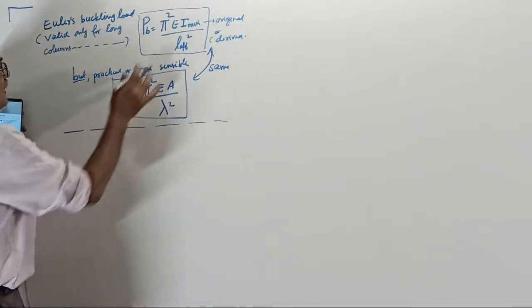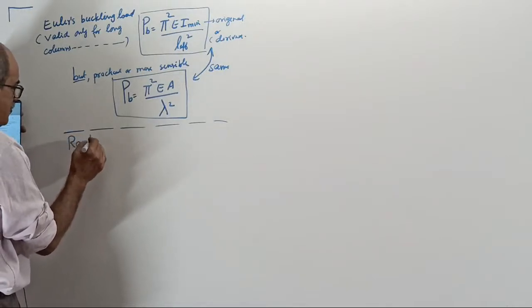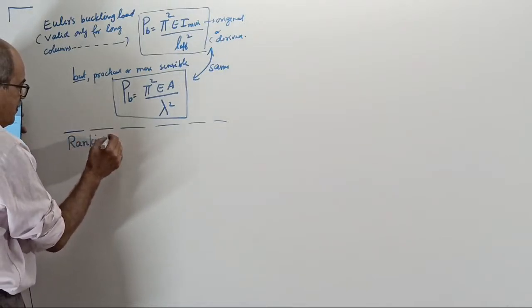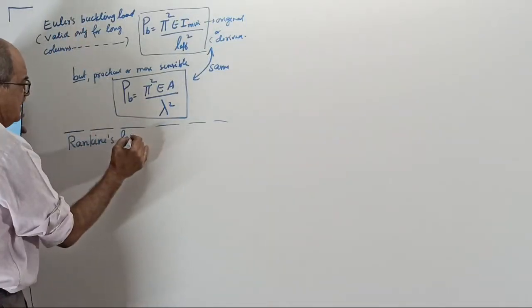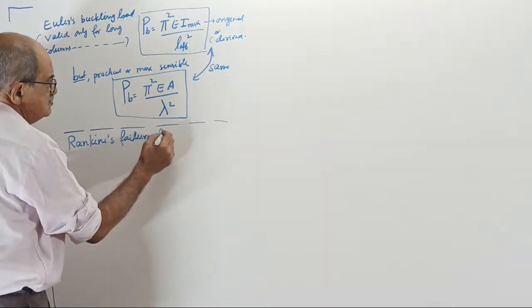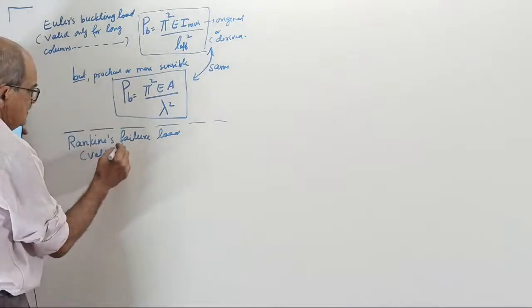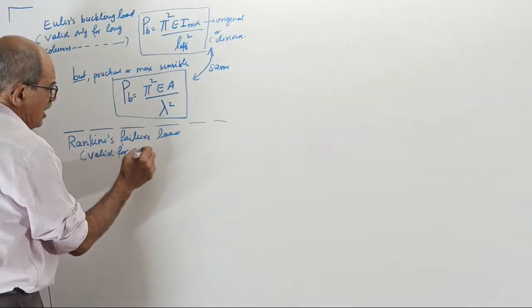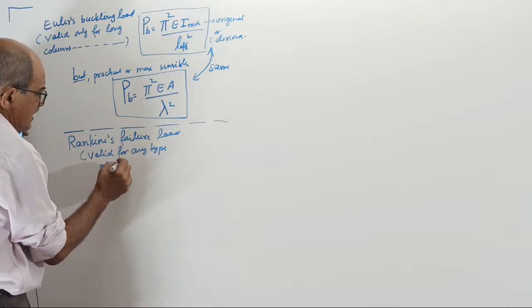After Euler's buckling load, I will put the terms later. Rankine's failure load. Euler's is buckling load; Rankine's is failure load. In the bracket, valid for any type of column. Someone will ask, what is the type?